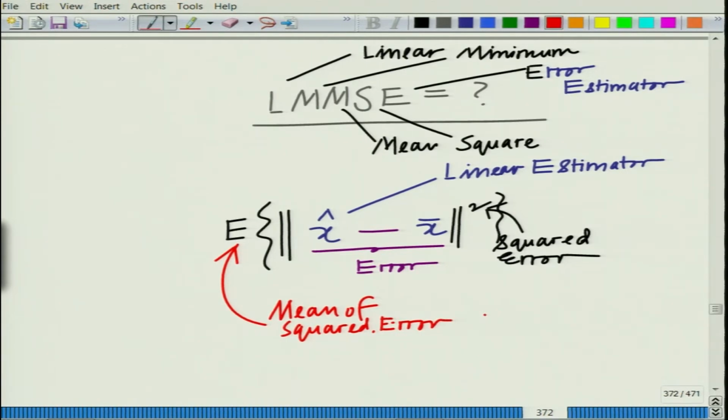the mean of the squared error, and then we want to find the estimate x hat such that we want to minimize. So, this gives you the minimum.